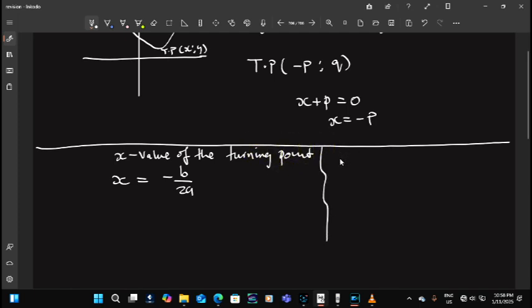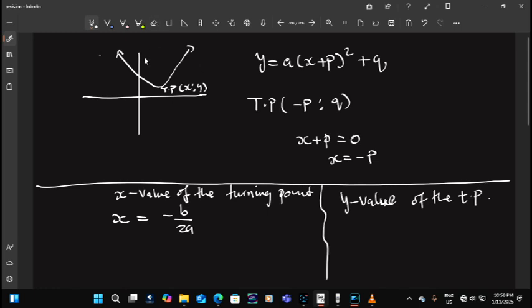And then the y value of the turning point would be whatever answer we get here, we substitute into the function that is given to us here.